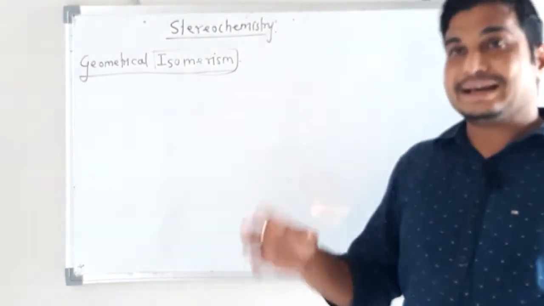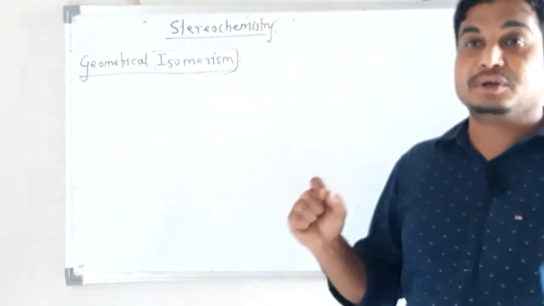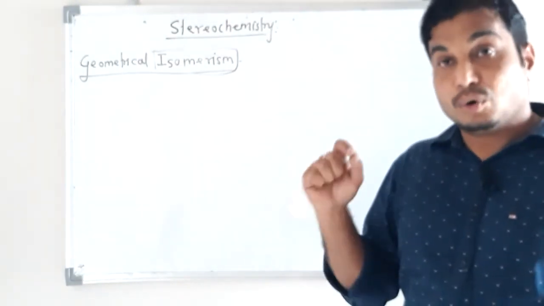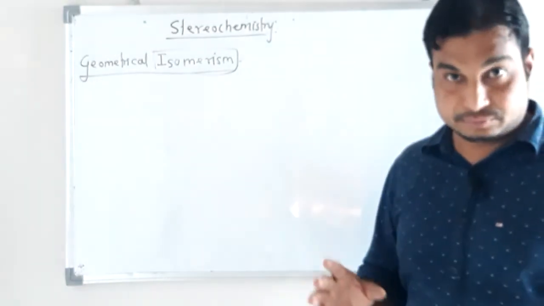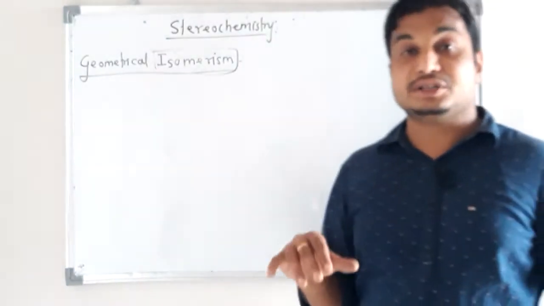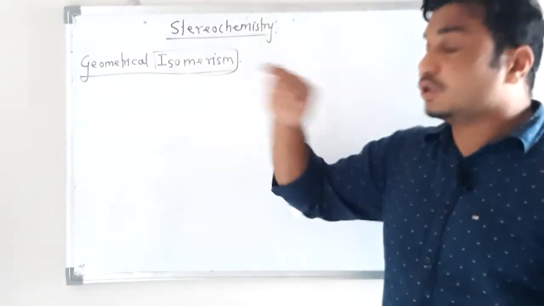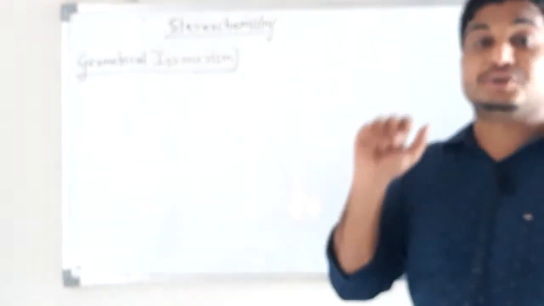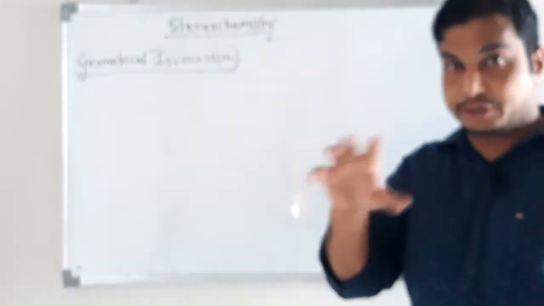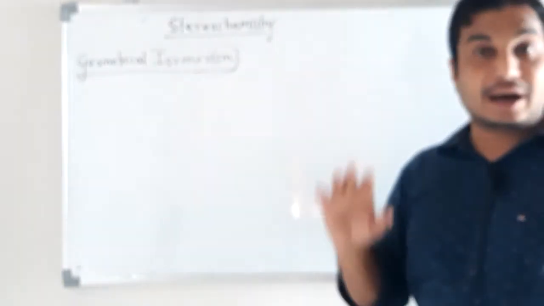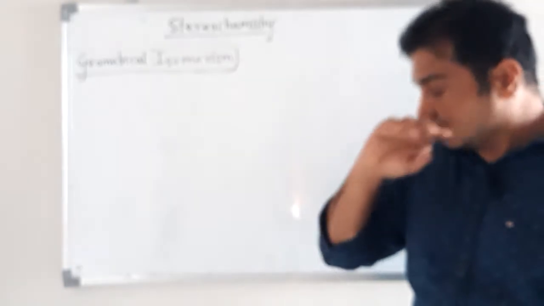All the isomers have the same type of chemical bonds, but only the three-dimensional arrangement is different. Now in geometrical isomerism, the geometry is different. The geometry of the molecule, or of atoms in the molecule, is different; that is called geometrical isomerism.